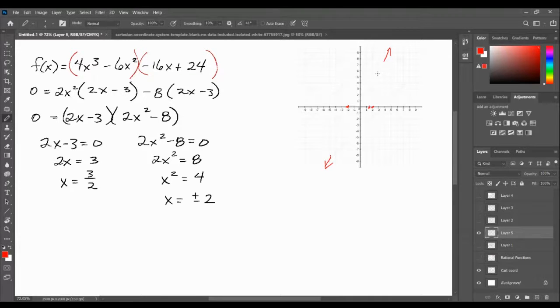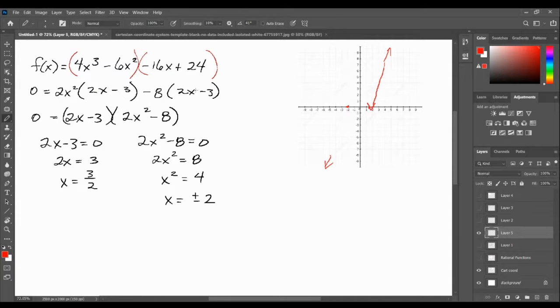Because the graph has to end up this way, the multiplicity on those factors is 1. So the graph is going to go straight through. It's got to turn around and come back. So this is going to come back down, go through the 2, and back. Has to turn around real quick to come up through the 1.5.